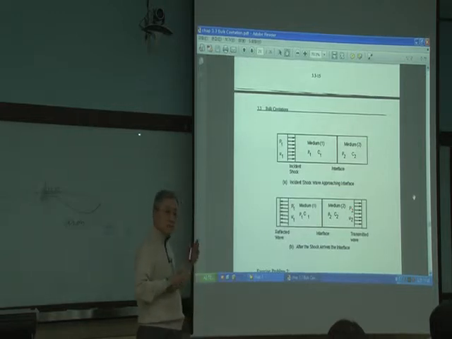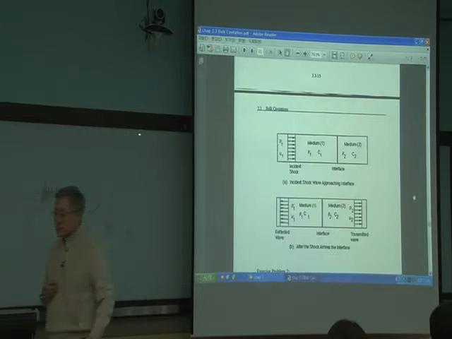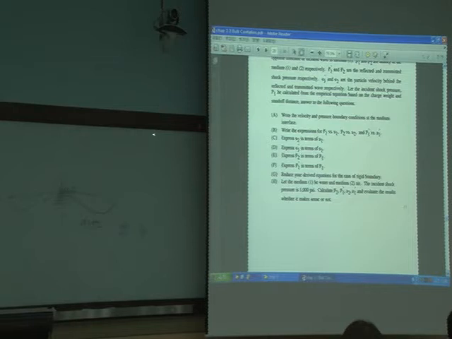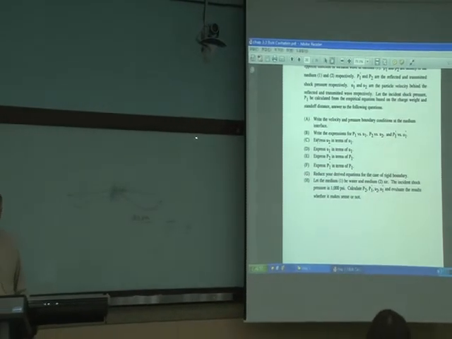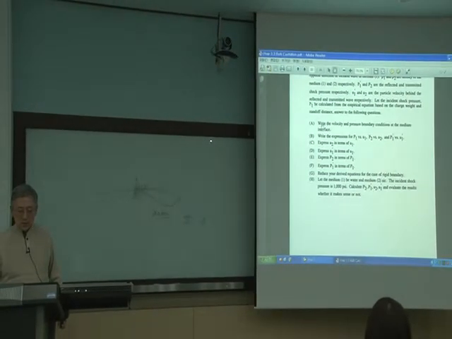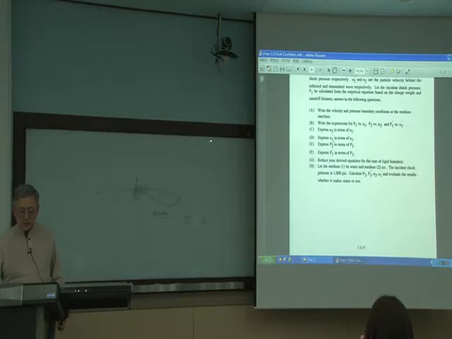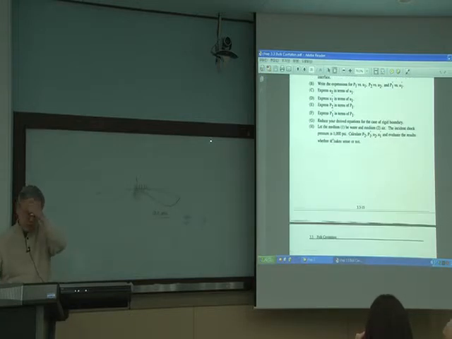Is it clear? So I want you to solve that, and the problem is all described here. First write the velocity and pressure boundary condition right at the medium interface. Then it shows all this. I want you to solve it.